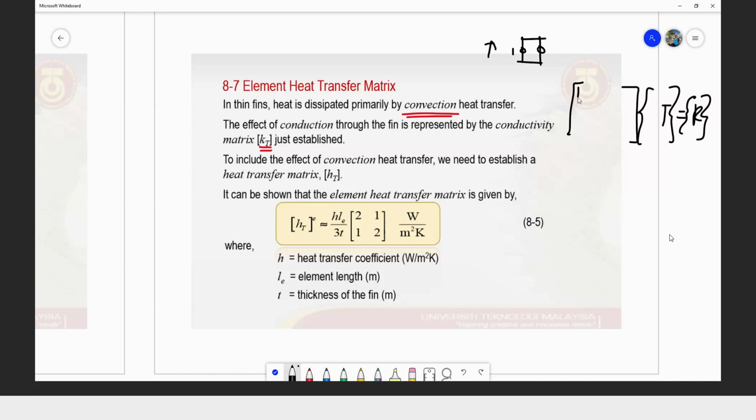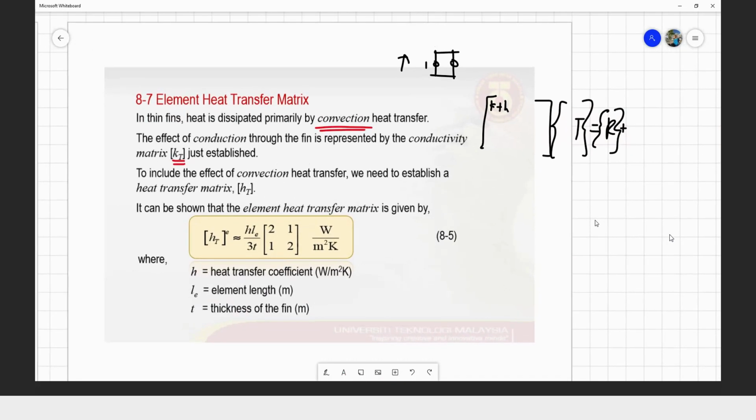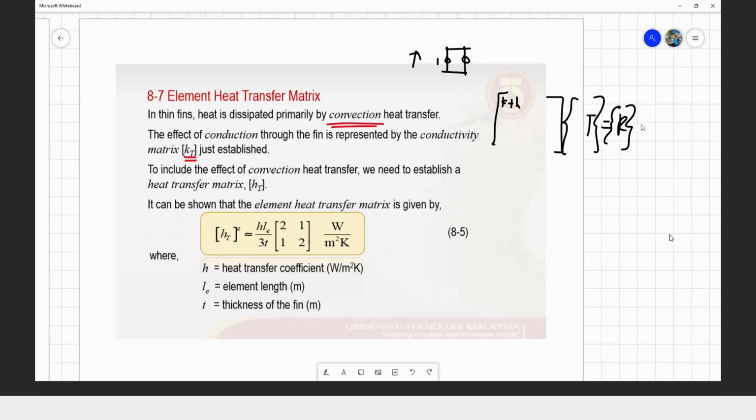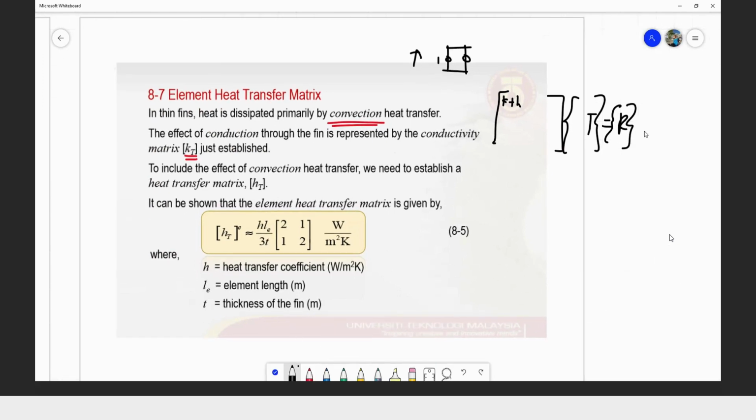So we have to modify K plus H and then R plus HT. Okay, R plus HT, yang lain-lain 0. So yang ni pun sama, so yang lain-lain kita ada K lah, yang lain-lain.